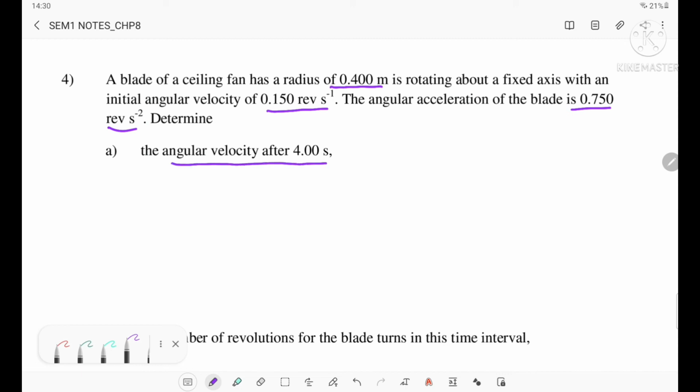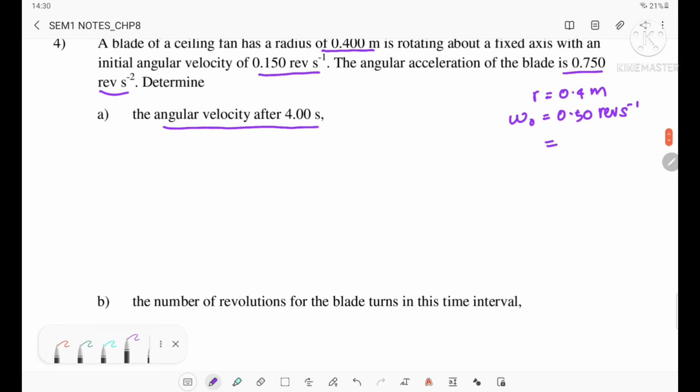First of all, you need to list down all the information given. From the question, we have the radius equal to 0.4 meter, and then the initial angular velocity omega naught is equal to 0.150 revolution per second. You need to convert to radian per second.